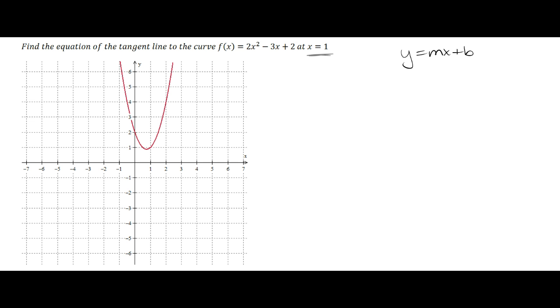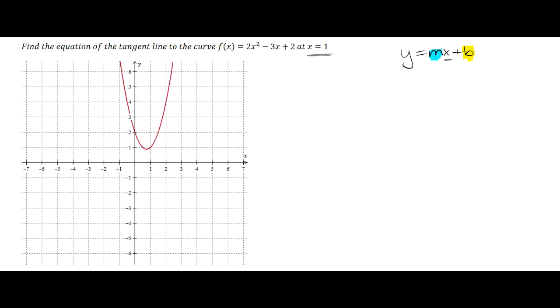So we're going to go ahead and substitute the x in here, but we obviously need more than that. We need to give in the final equation the m and the b. So we need to find a way to find both the m and the b.